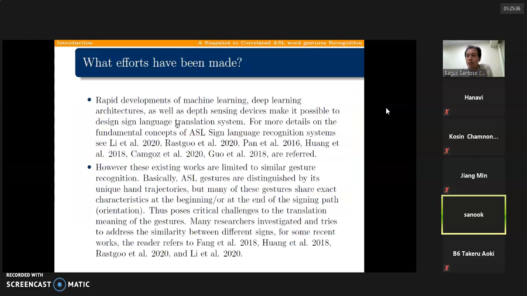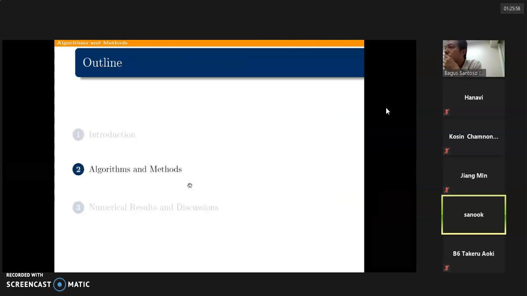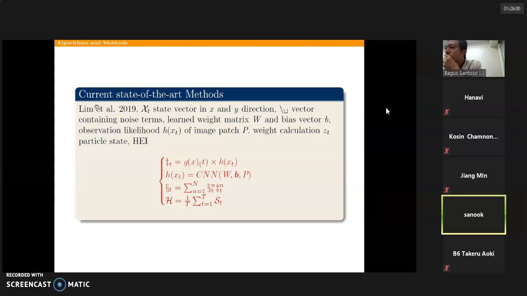So based on this, efforts have been made by many researchers to develop a system that can give an effective translation and communication system between normal hearing people and people with hearing disability. These are some of the existing methods, and what they tried to solve. As we can see, Lim et al. 2019 tried to develop a system using deep learning.